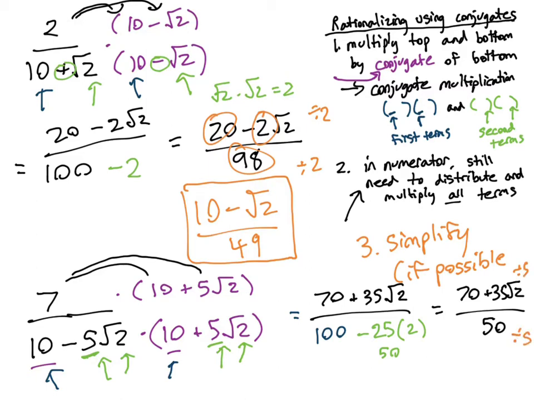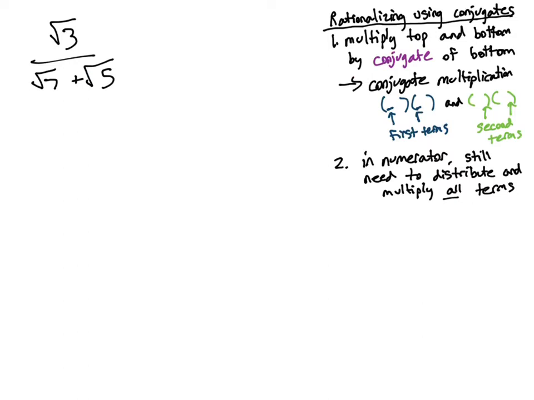So if we divide everything in our numerator by 5, 70 divided by 5 gives us 14. 35 divided by 5 gives us 7. So we have 14 plus 7 root 2. And 50 divided by 5 gives us 10. And we'll move on to the next screen here, do a few more examples.